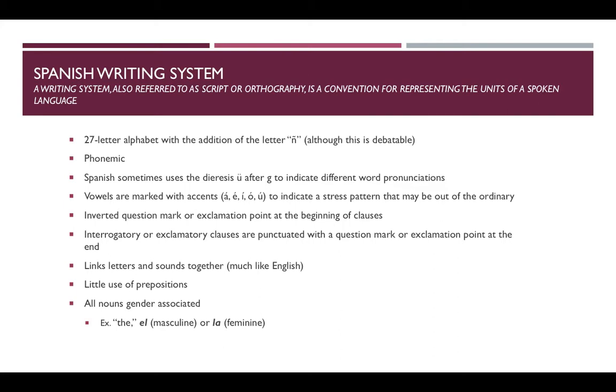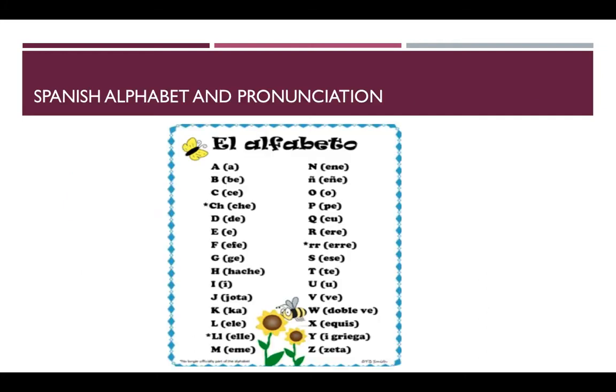When writing interrogatory and exclamatory sentences, the question mark is inverted, and there's one at the beginning and the end of the clauses. And lastly, all nouns are gender associated. What does that mean? That means every noun is either classified as a male or a female, el or la.